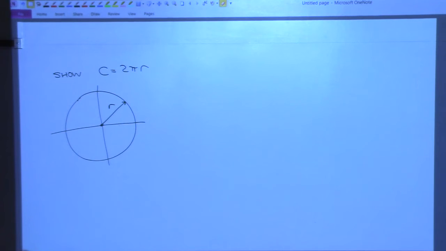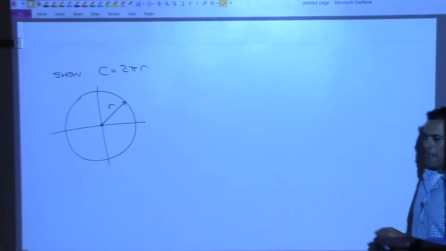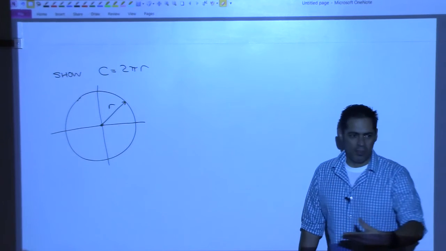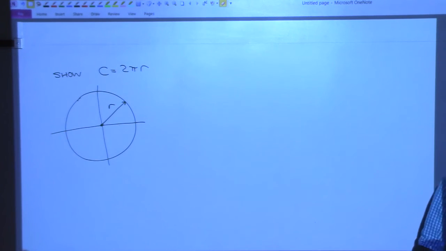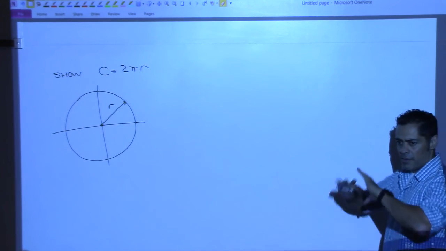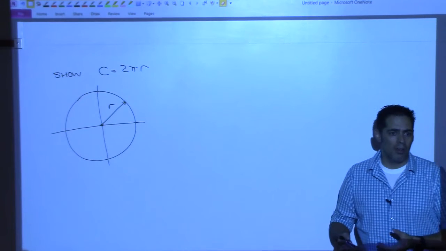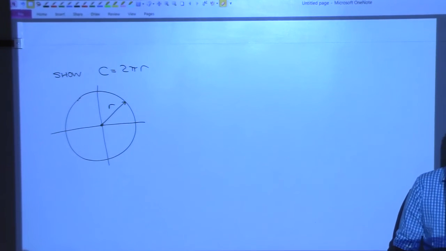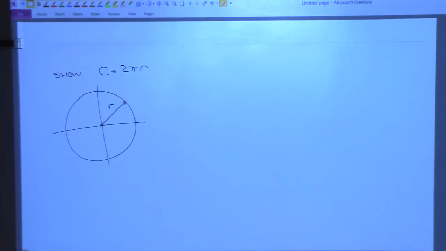So I've made my best effort in this class to show, or we have shown together, that the area of a circle of radius r is pi r squared. We have also shown that the volume of a solid ball of radius r is 4/3 pi r cubed, right? Now, it's almost like we're taking steps backwards here. I want to show that the circumference of a circle is 2 pi r.